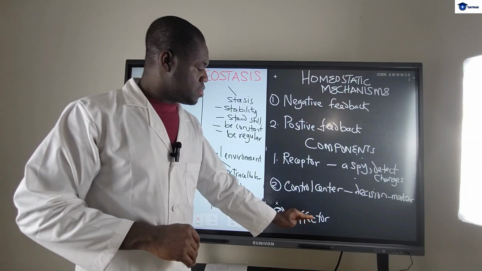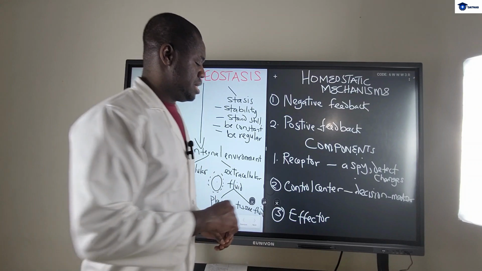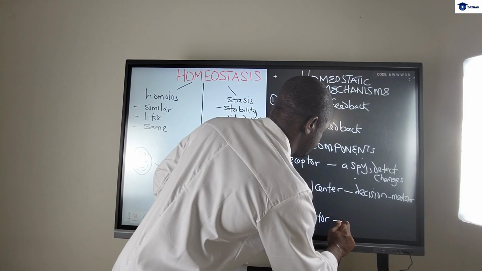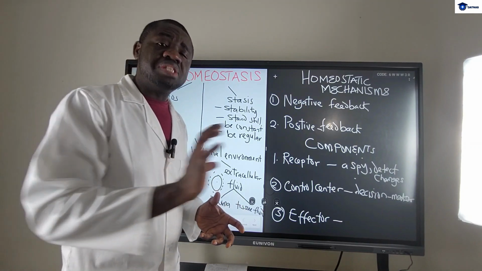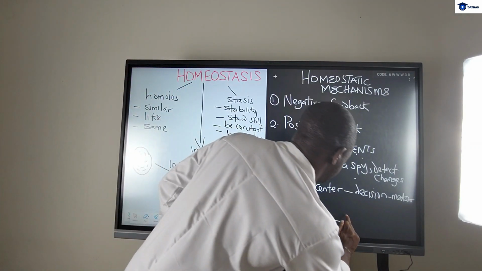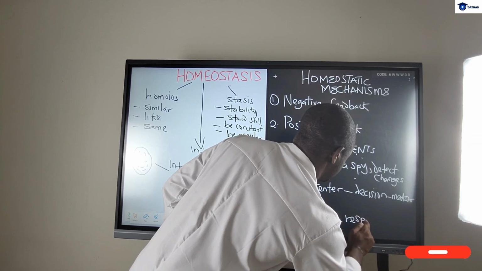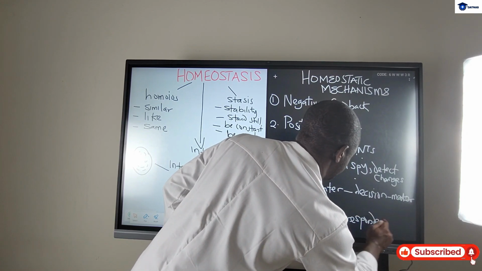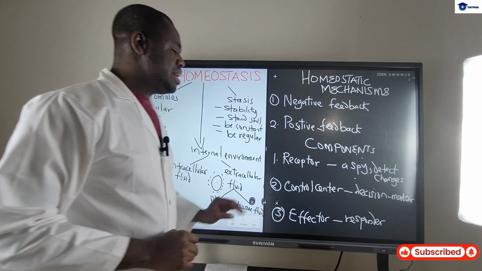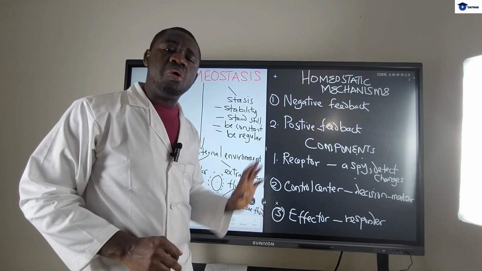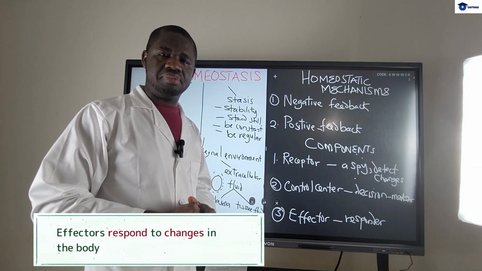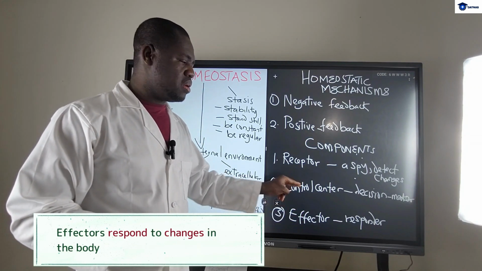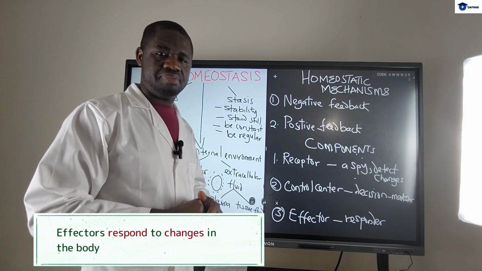Now, the effectors. The effector is a messenger, or let's say the effector is a responder. That is, the effector responds to changes in the body under the order of the control center.